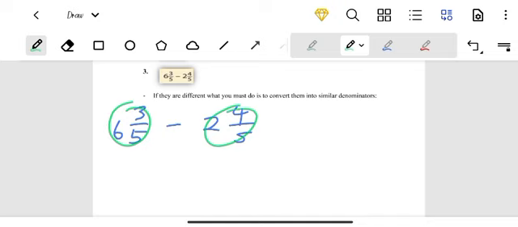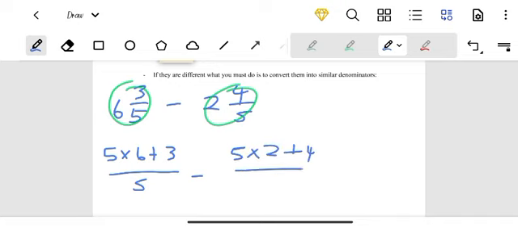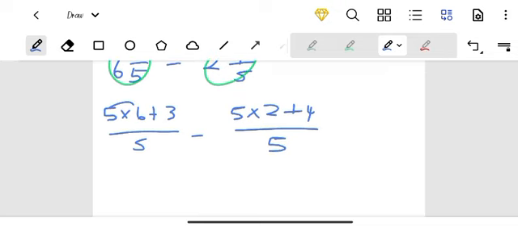How do we change that into improper? 5 multiplied by 6 plus 3 over 5 minus 5 multiplied by 2 plus 4 over 5. The next thing that you do, 5 times 6 is going to be 30. 30 plus 3 is 33 over 5.